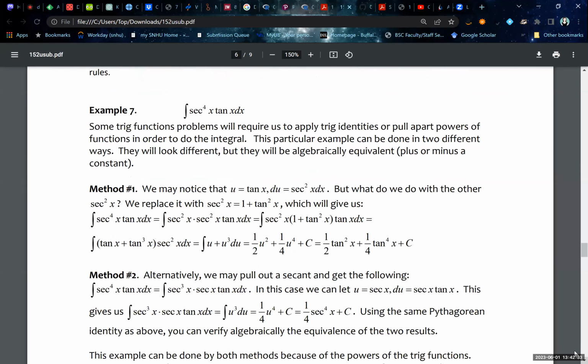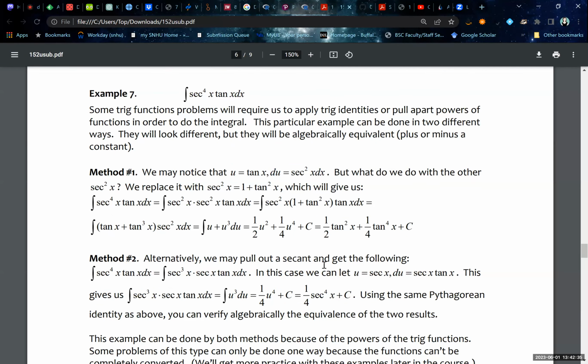Now, some problems, particularly when we're involving trig functions, you can actually apply your substitution in 2 different ways. This occasionally happens when you have odd powers of sine and cosine. They're both odd powers.